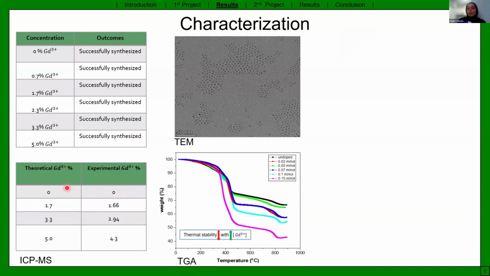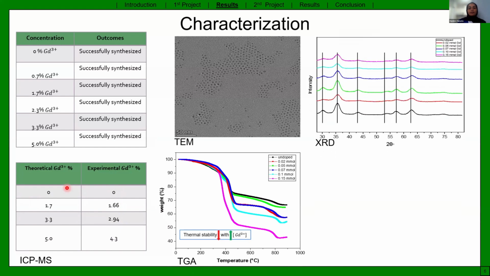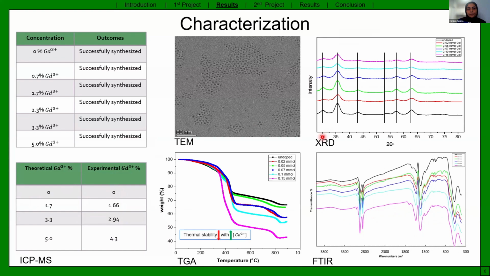We collected TGA spectra, and we found that the thermal stability is decreasing with the increase in Gd content. And to confirm that what we're actually synthesizing is the magnetite phase, we obtained the XRD spectra, and as you see here, we can locate all the peaks that correspond to the magnetite, and also we collected the IR spectra.